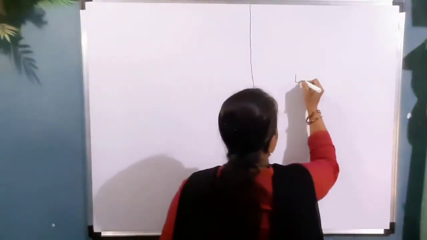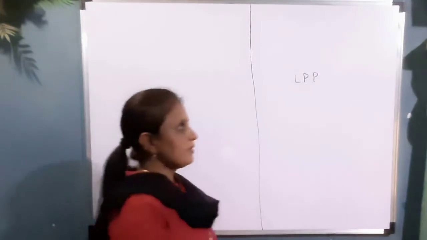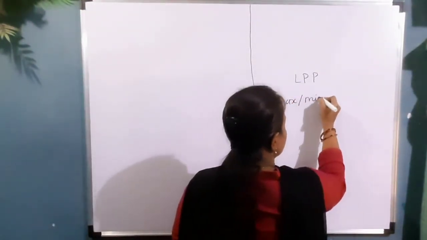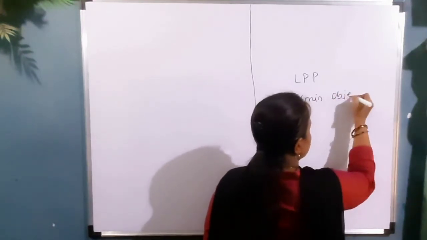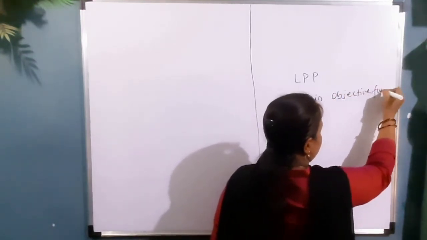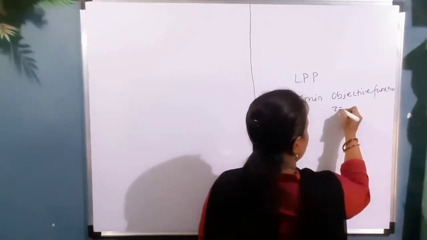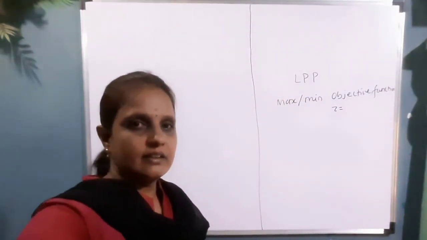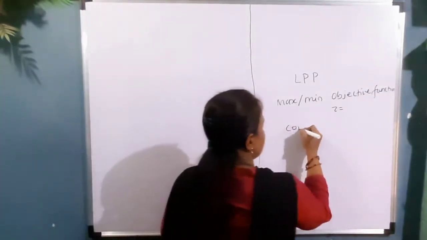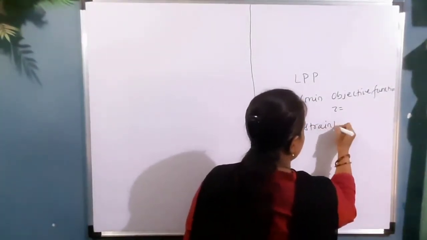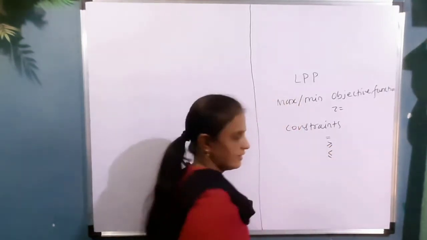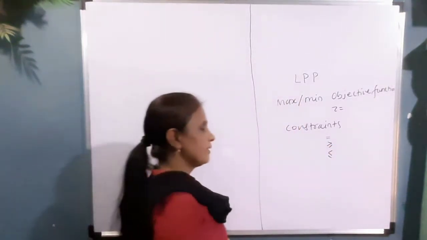See, yesterday we have seen linear programming problems. Linear programming problems generally have maximize or minimize, then we have the objective function, generally denoted as z equal to. Then we write constraints, which will be either equal to, greater than or equal to, or less than or equal to, depending upon the problem.